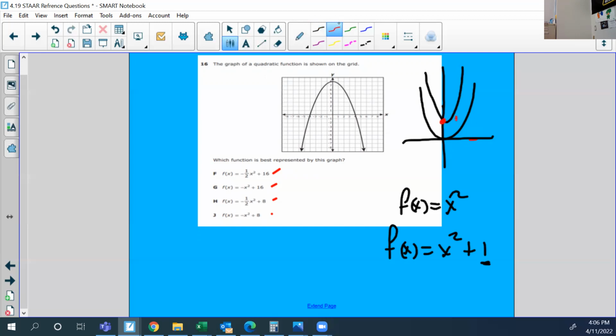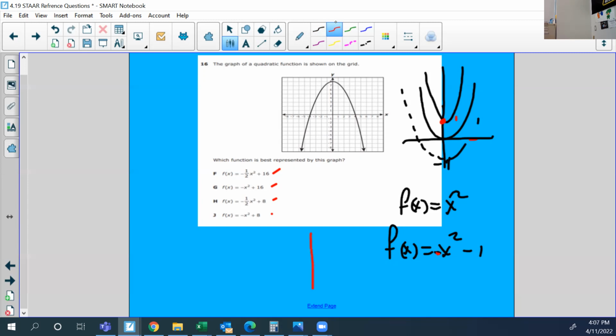So this is 1 right here. If this was negative 1, x squared minus 1, that just means the graph shifts down 1 unit. Remember that? And if a is negative, if there is a negative sign right here, that means the graph flips over the x-axis.